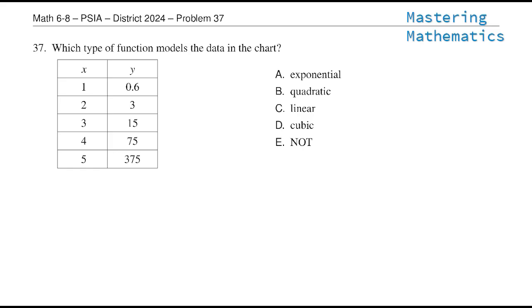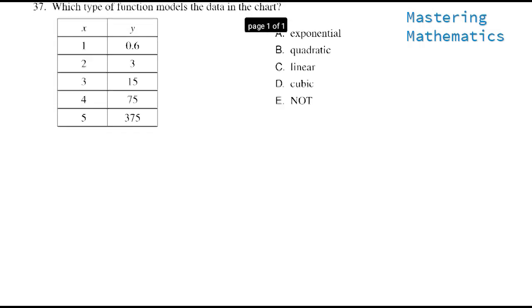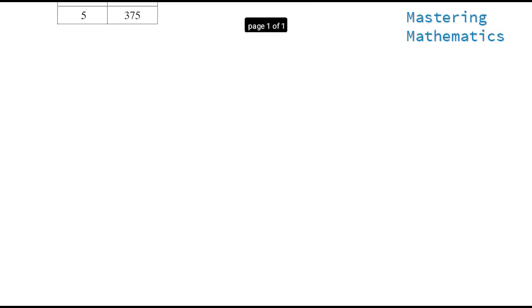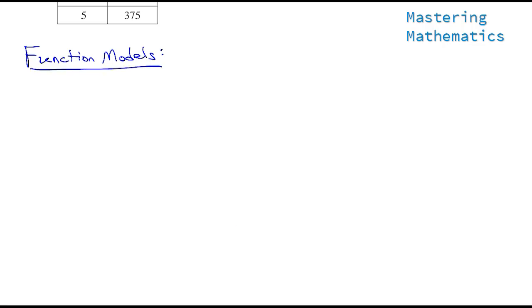So there's a couple of tricks to figuring out what function can model the data. So let me go over those with you real quick. The key to determining function models is called differences. So what you want to do is take differences.